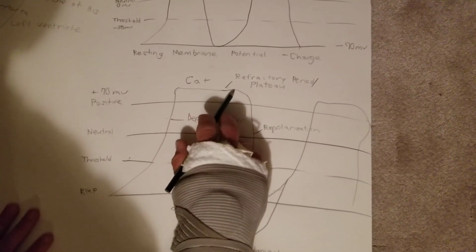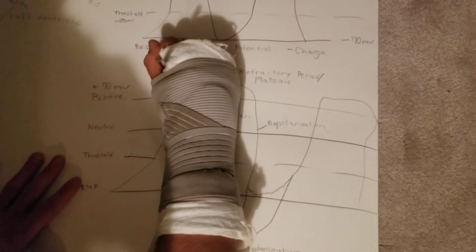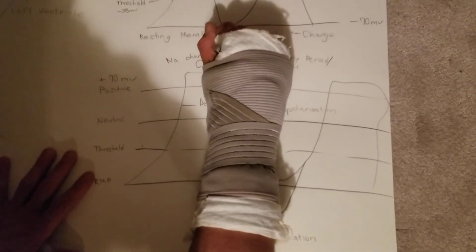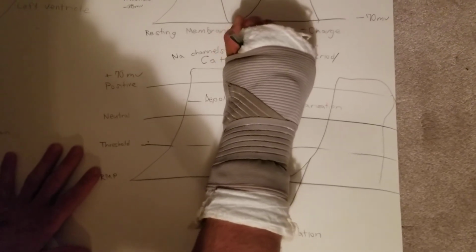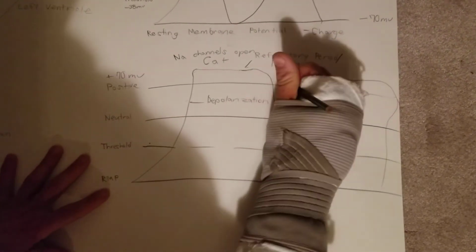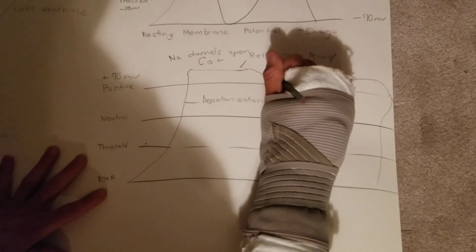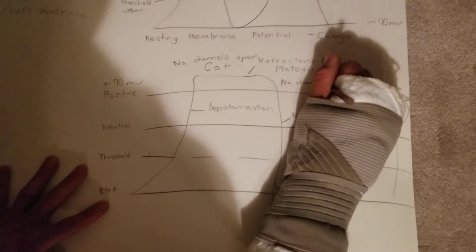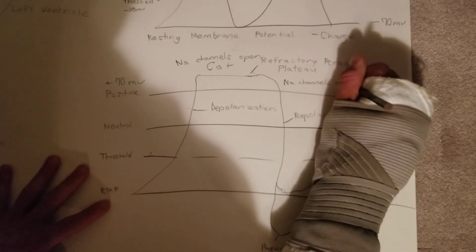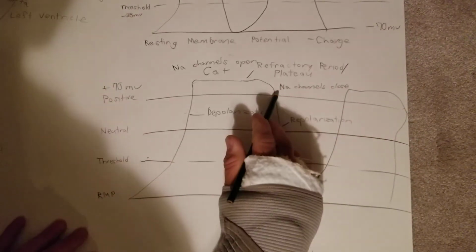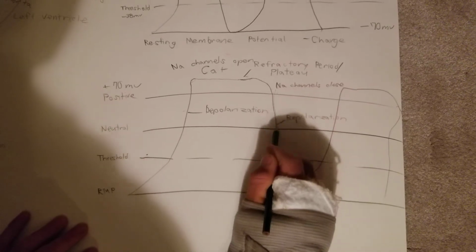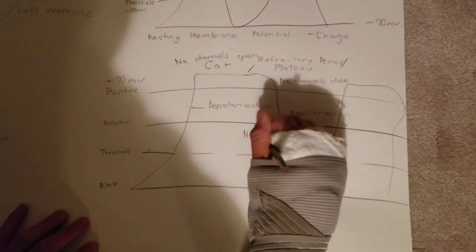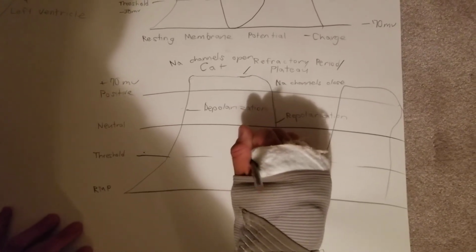So we have depolarization, we have our refractory period plateau, and this calcium keeps those sodium channels open. So Na channels open, and then they close, and then we have the sodium potassium pumps, and they require ATP.